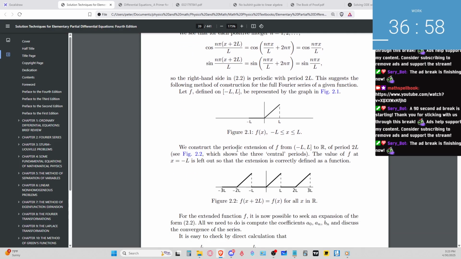Okay, we construct a periodic extension of f with period 2L. The value of f at x equals negative L is left out so that the extension is correctly defined as a function.